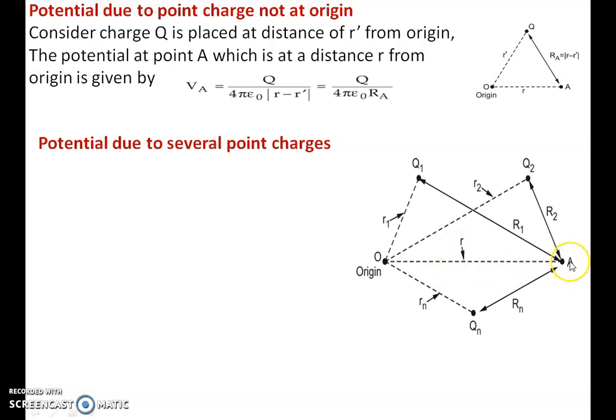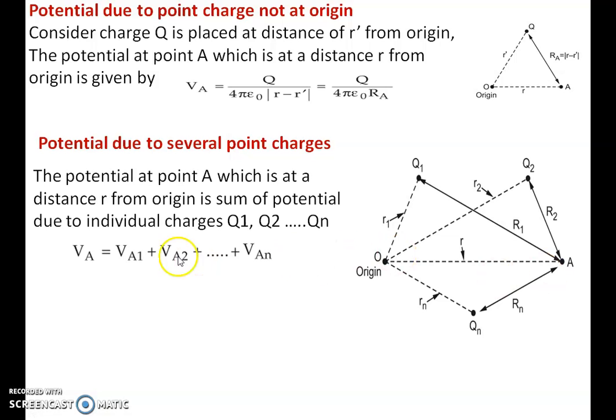To find the potential at point A due to all these charges, we take the individual potentials, that is the potential due to Q1, Q2, up to Qn, and we add all the potentials. Then we get the total potential at point A due to all these charges.